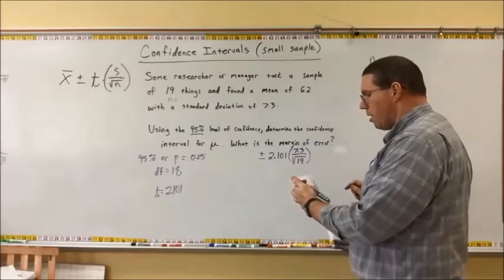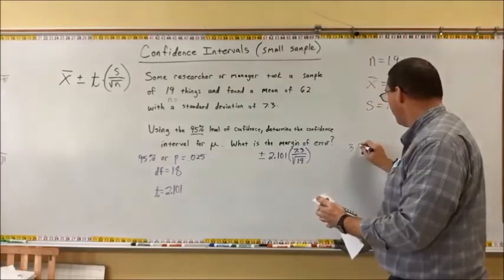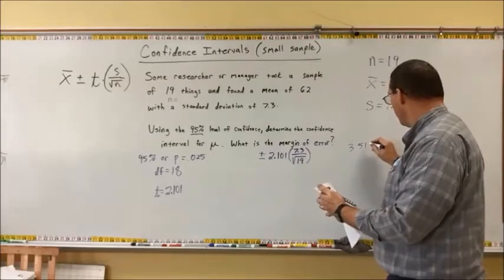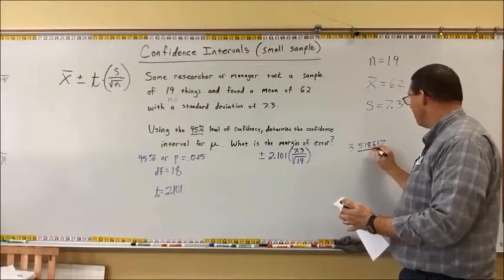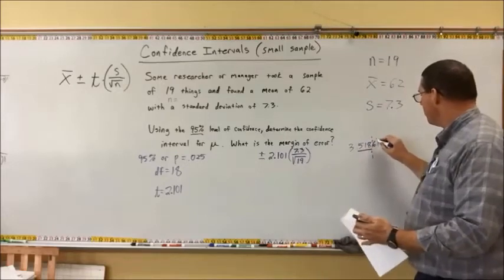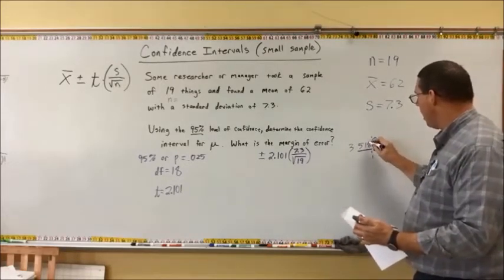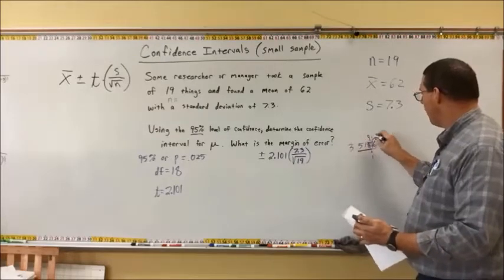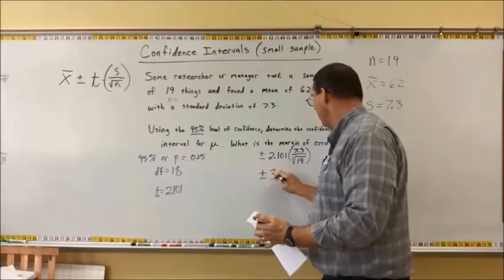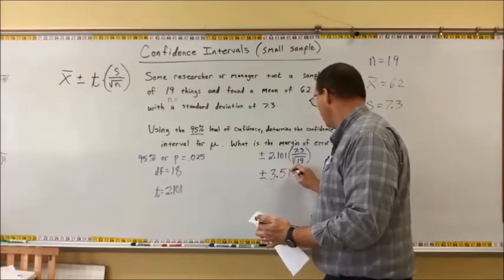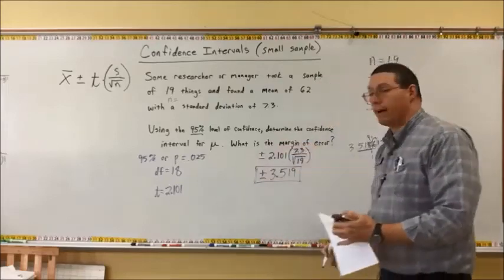And I get 3.518617, but because I only want to go to 3 decimal places right here, I'm going to use this 6, and that's telling me to make this 8 a 9. So it's 3.519. So it's going to be plus or minus 3.519. That is my margin of error.